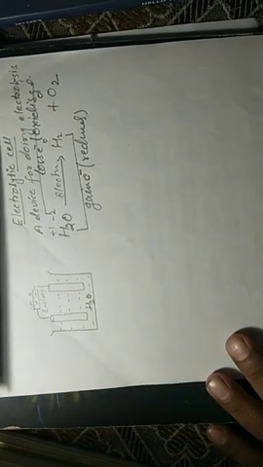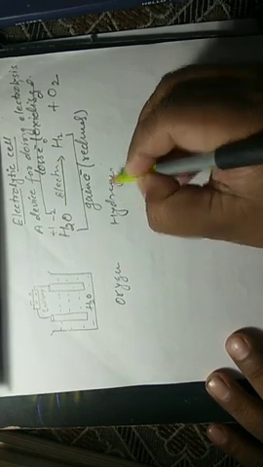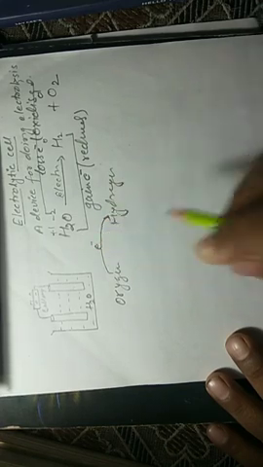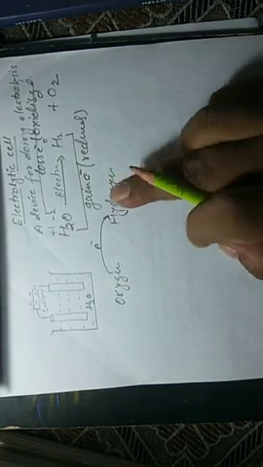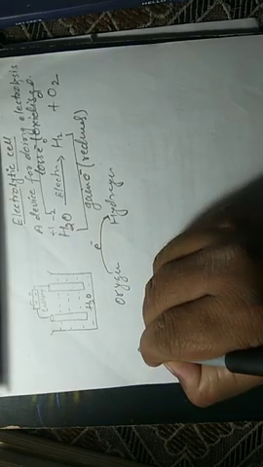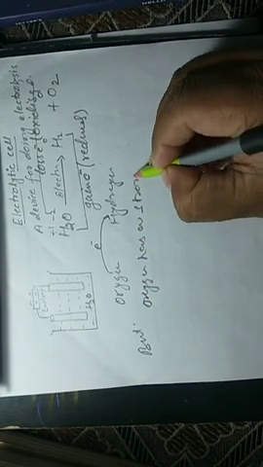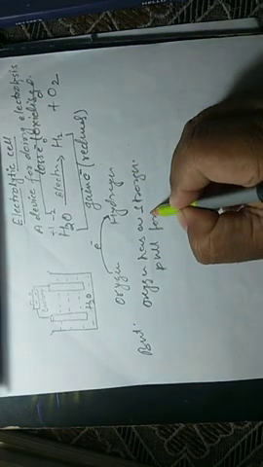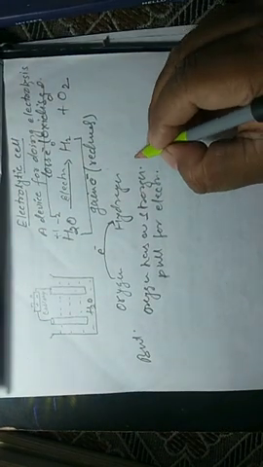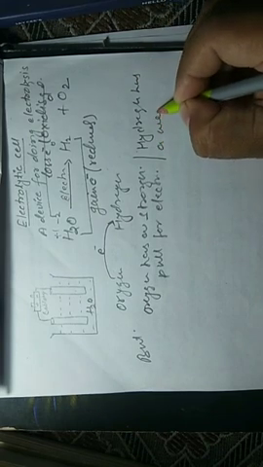Simply what happened: hydrogen gains electron, oxygen loses electron, but oxygen has a stronger pull for electron, and hydrogen has a weaker pull for electron.